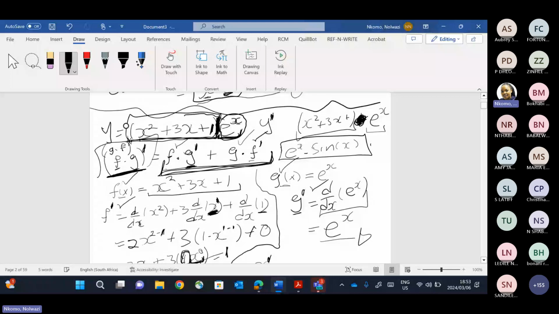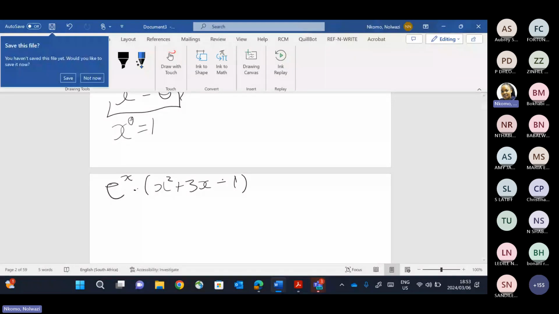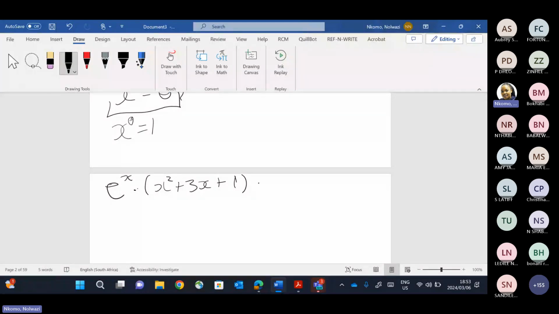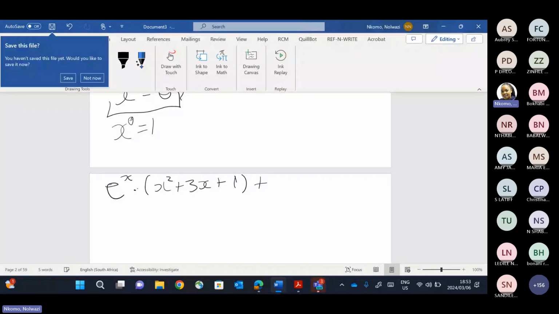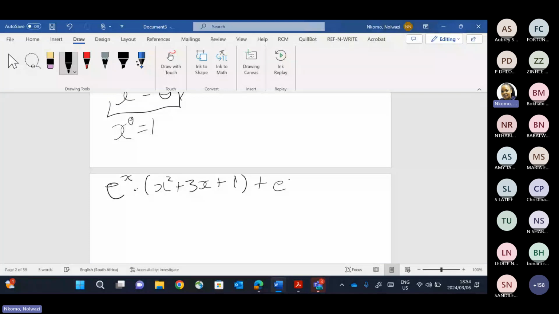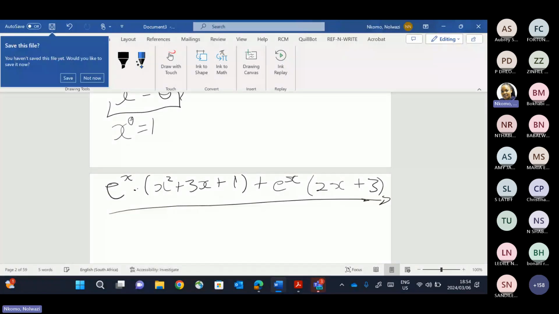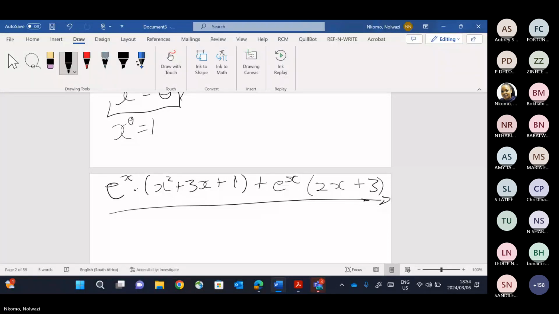All right. Then plus g times the derivative of f. Okay, g is e to the power x. The derivative of f is 2x plus 3. Okay, this is our answer, if you're given something like this and you're asked to differentiate it.